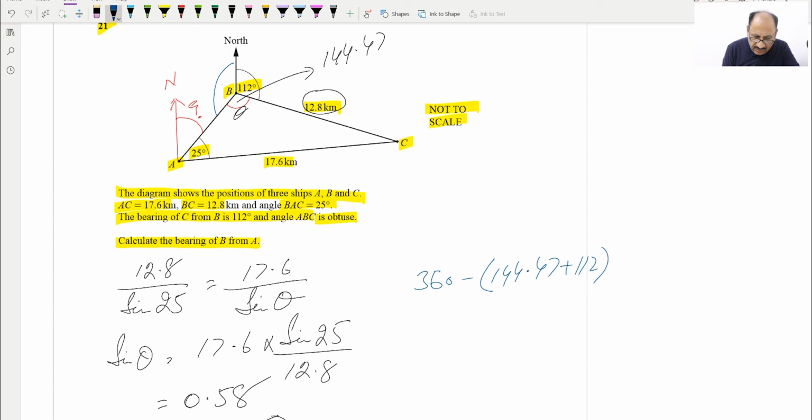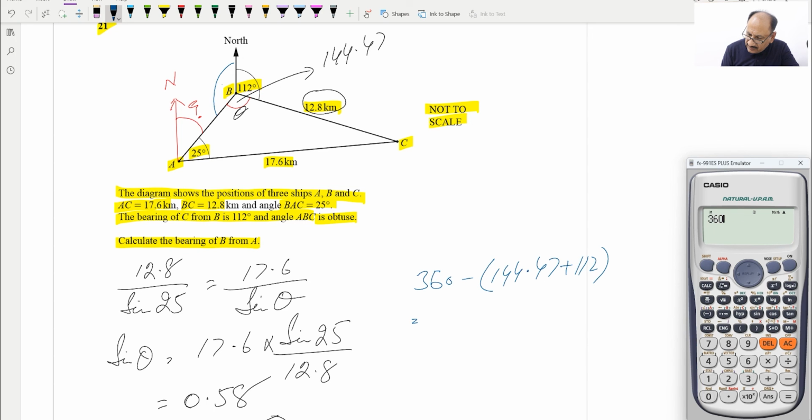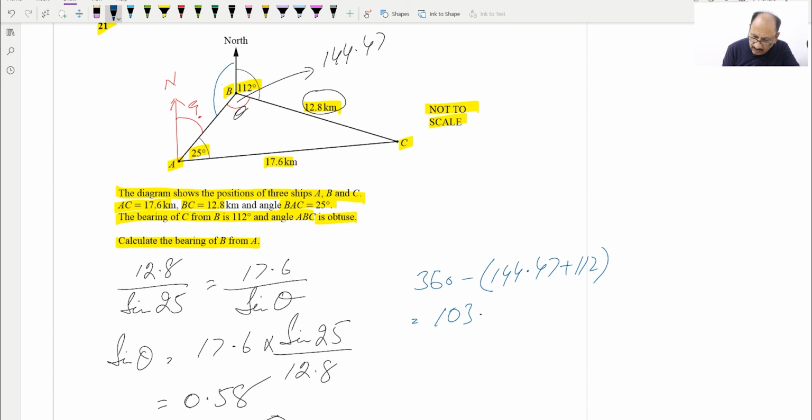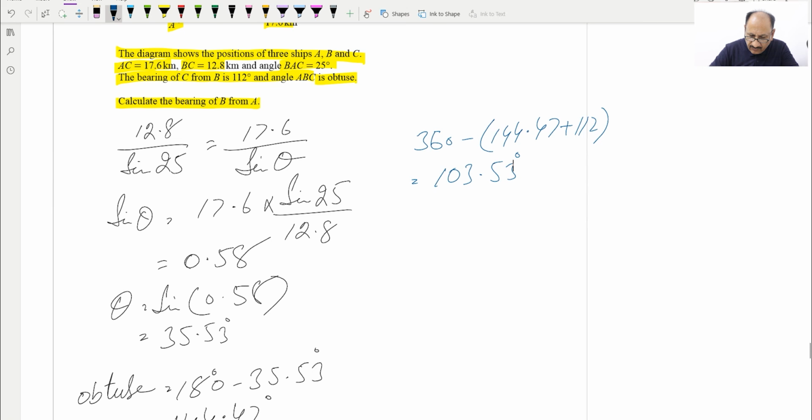This will be angle basically B. So we can write this as 360 minus, this will be 144.47 plus 112, and this will give us 103.53 degrees. And after getting this angle, we can subtract from 180.